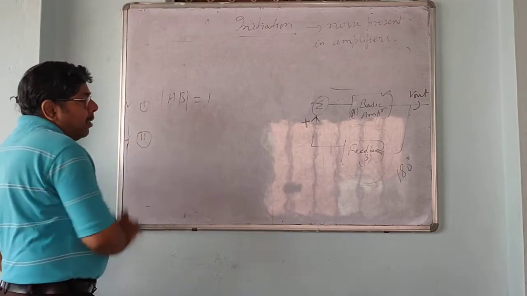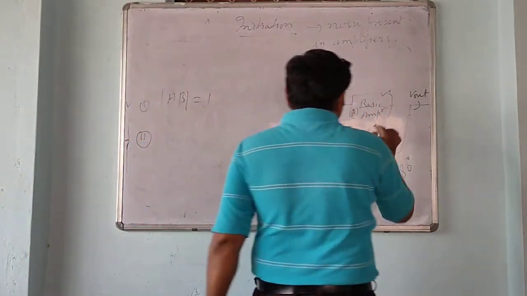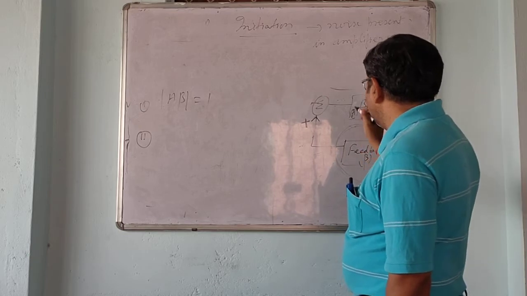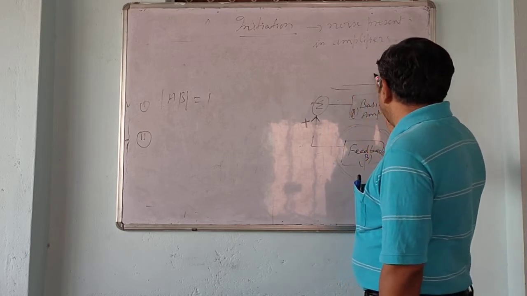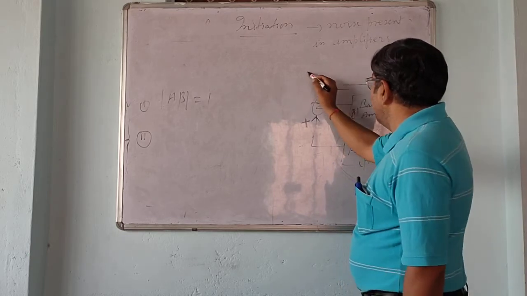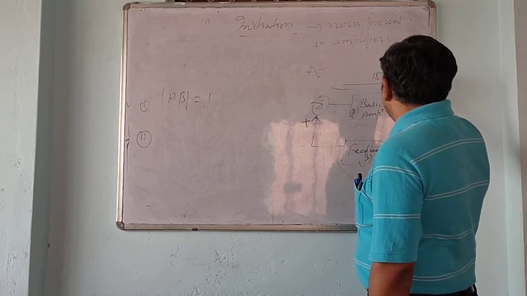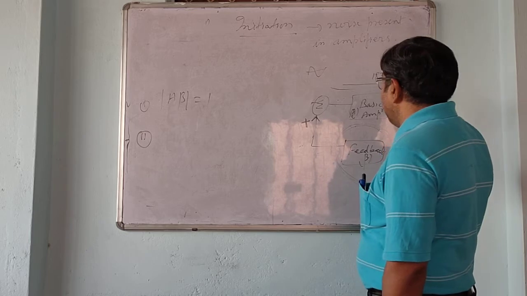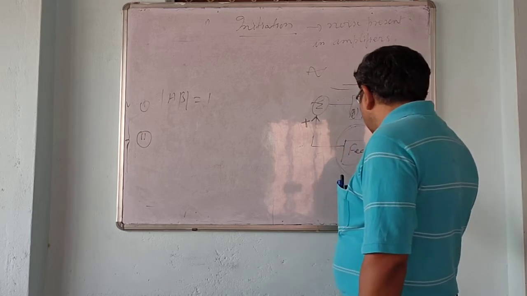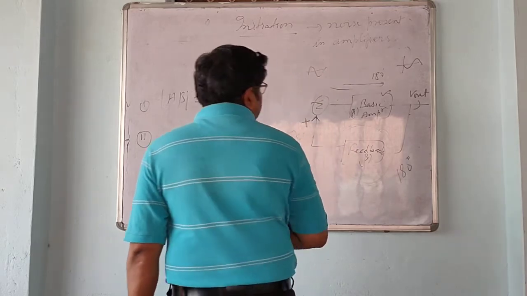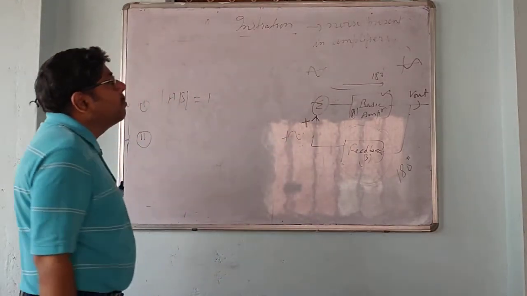And secondly, total phase shift around the loop is 0 degree or 360. It means if this provides 180 degree phase shift, suppose here is a sinusoidal signal, this is inverted by 180 degree, then a further 180 degree phase shift is provided here to get it in the same phase.